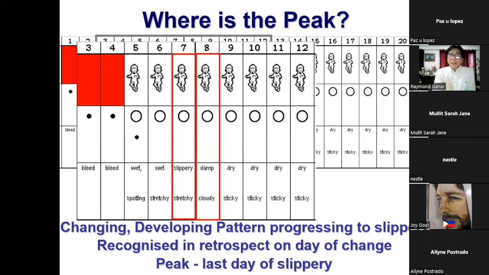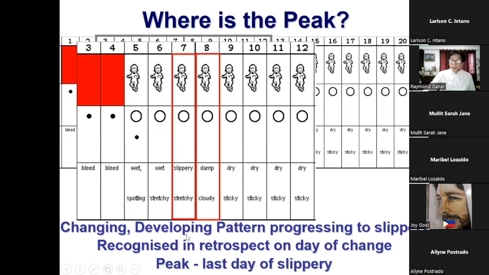If day 7 is the peak day, what do you think would be the correct symbol for day 8, day 9, day 10, day 11, day 12, etc.? Anybody from our class? Equal or yellow color. Very good. So with this, as a teacher, you now need to correct the chart of your client.